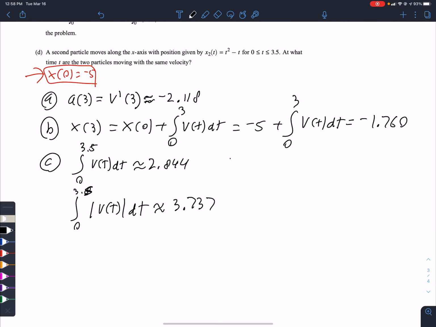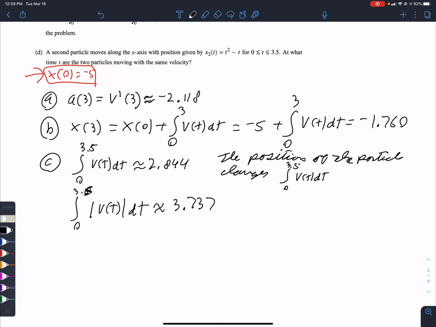So for the first one, you could say the position, or you could say the displacement of the particle changed, the integral from 0 to 3.5 v of t dt from t equals 0 to t equal 3.5.